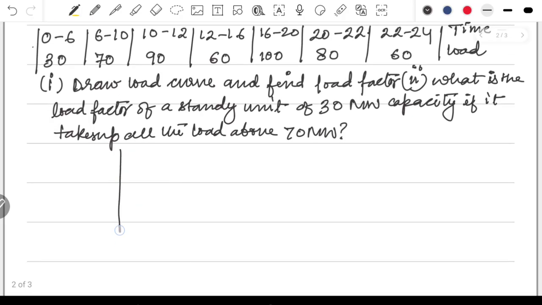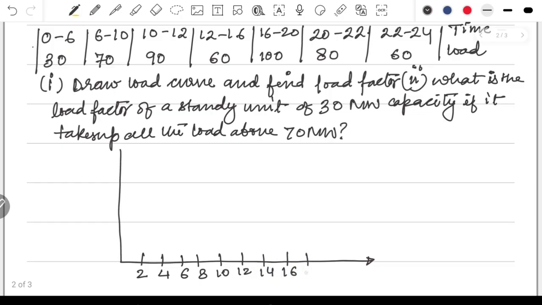So let's say the time axis is 2, 4, 6, 8, 10, 12, 14, 16, 18, 20, 22, and then 24. And here the maximum is going to 100. So let's say this is 20, then 40, then 60, then 80, and then 100.